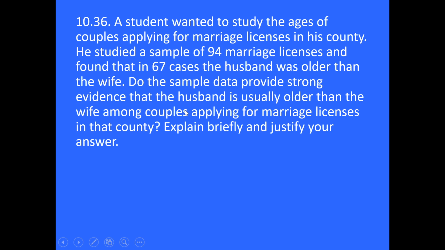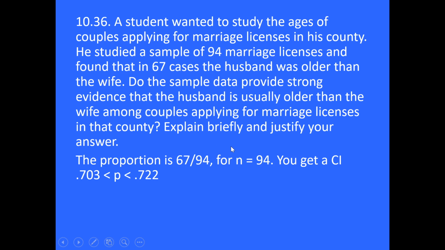All right, well, to know for sure, we have to generate a confidence interval. Okay. So to get a confidence interval, what we're going to do first is define the proportion. So that would be 67 divided by 94, right? And that's a proportion, so you're going to use the same formula we've used for a proportion before. So I won't do that again because it's mostly just plugging in values.